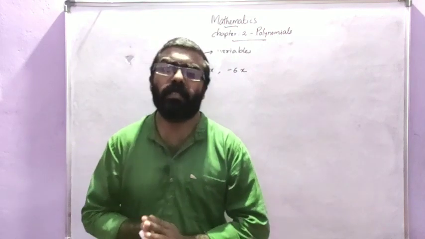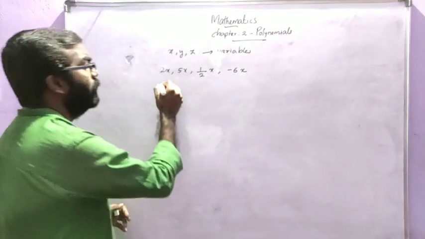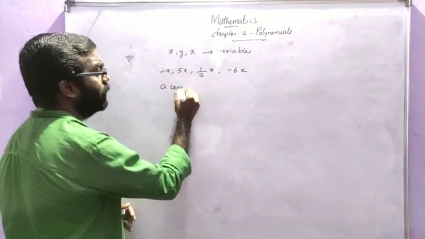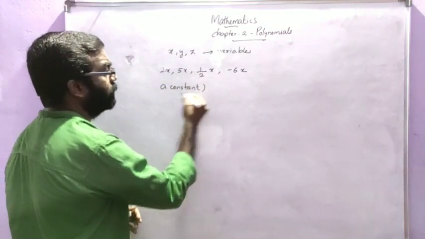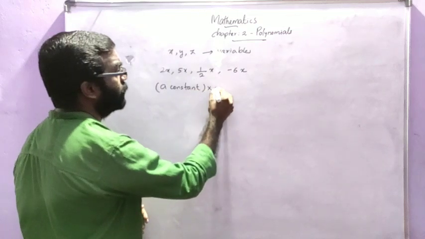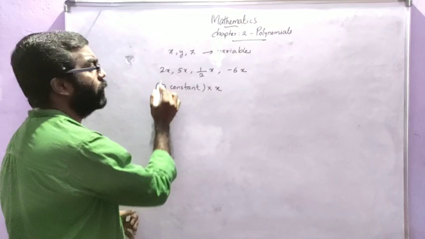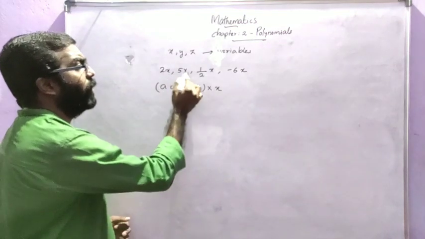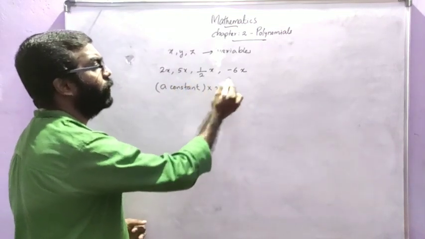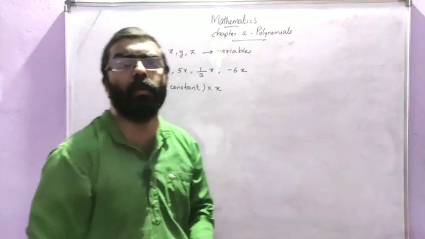All these expressions are of the form a constant into x. Here, first example 2 into x: 2 is a constant, x is the variable. 5 into x, 1 by 2 into x, minus 6 into x.